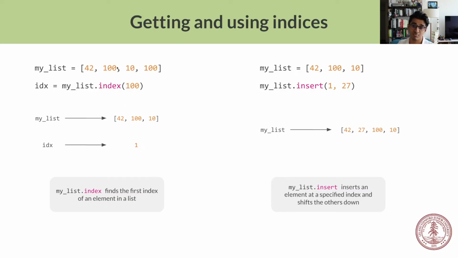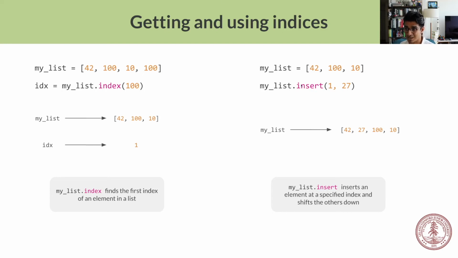You'll notice in this particular list, 100 occurs twice, over here and over here. But when we call index of 100, we get back 1 over here because that is the first occurrence of 100 in this list. So we totally forgot about this 100 over here. We only got back the position of this one over here.